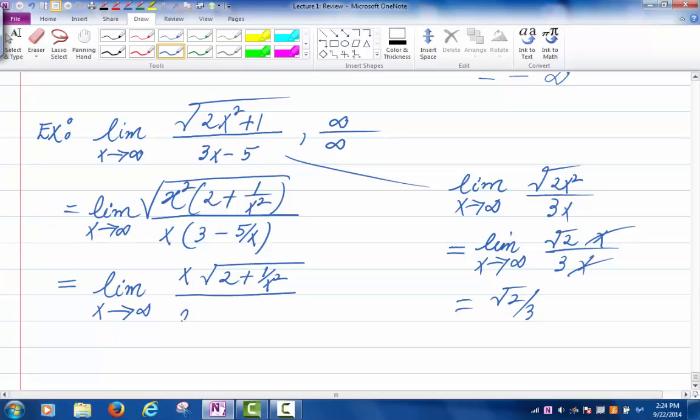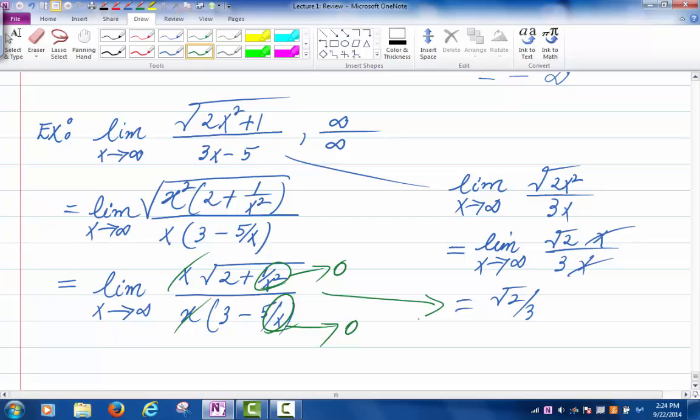Here you have x times 3 minus 5 over x. So if you did all that algebra now, you can cancel out the x's. And now you could say that the limit of this guy is 0, limit of this guy is 0, and you are left with the same thing, root 2 over 3.